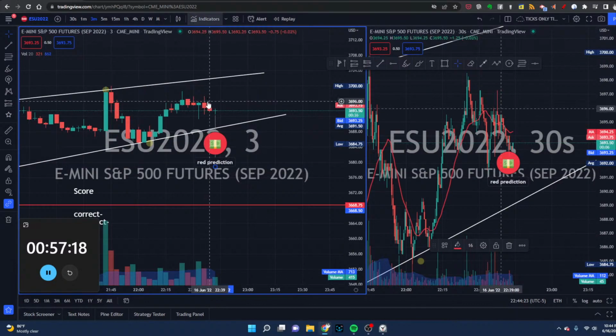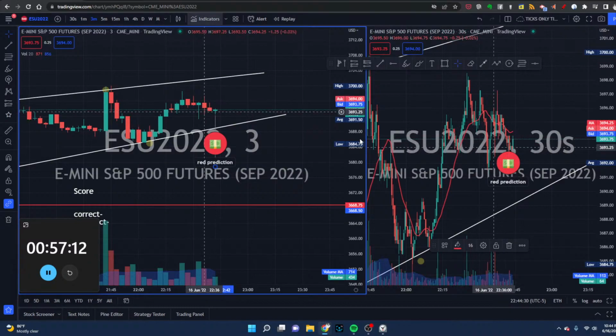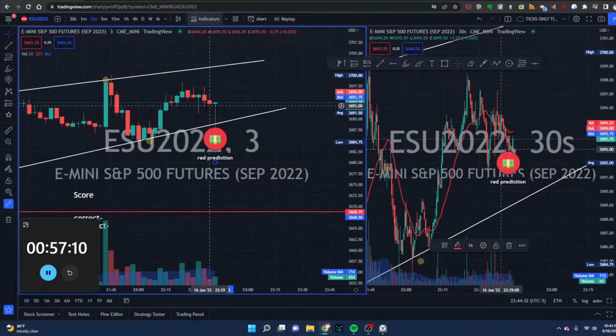A little bit of a doji here with wicks on the top and the bottom. Then you had a wick to the top on this, closing inside of the wick on here.